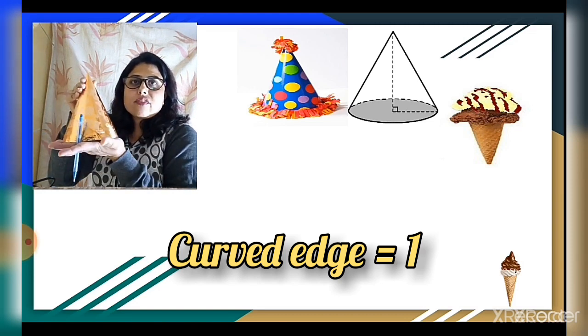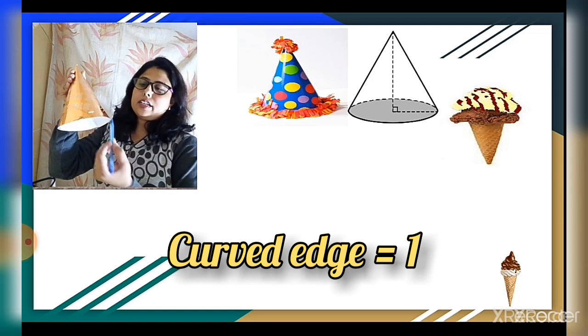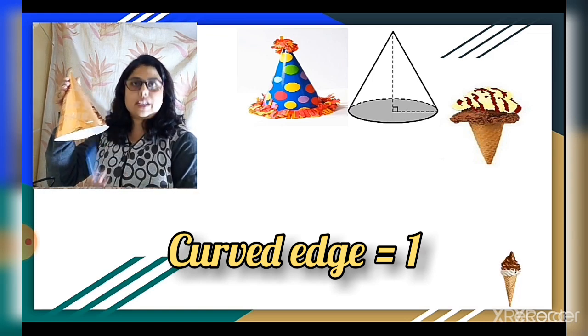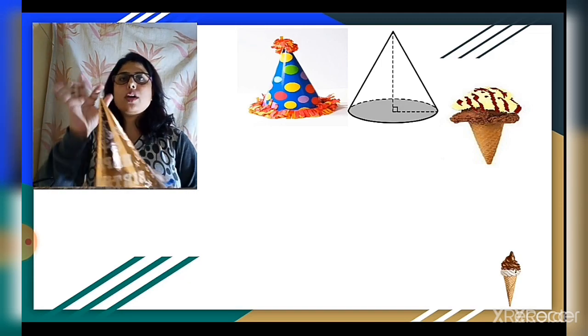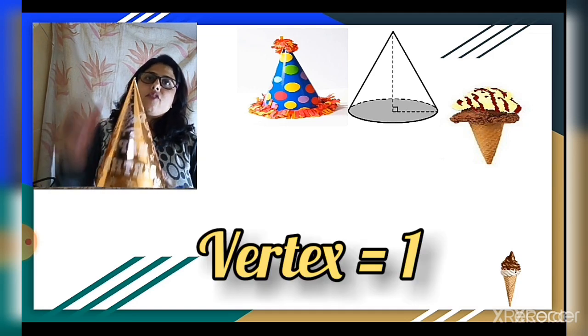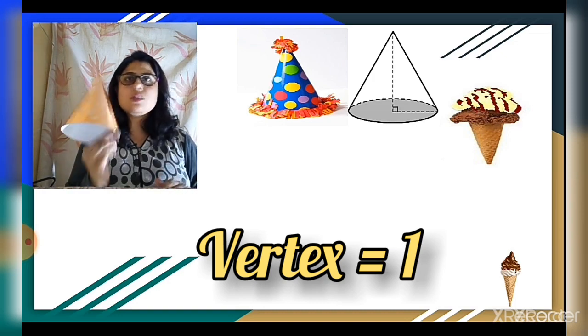When this flat face and curved face meet together, they form an edge. So one curved edge we can find in a cone, and one vertex, the apex. This is the corner and it is called the vertex of the cone.